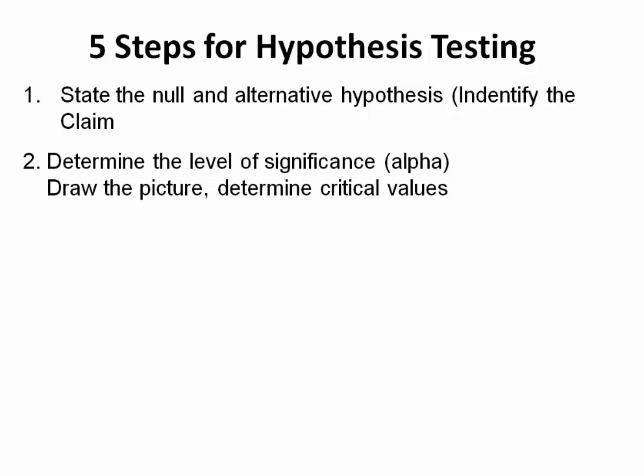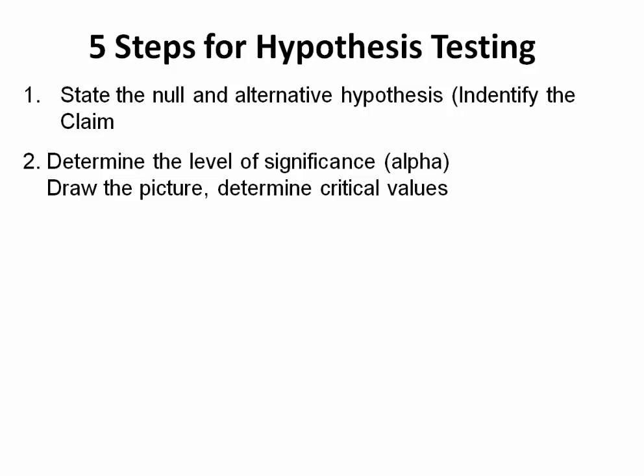And we've already been introduced to the term alpha, and we know that alpha is what is left over from our confidence intervals. So if our confidence level is 90%, we know alpha is what's left over, which is 10%. If our confidence level is 95%, we know that alpha is what's left over, and that is 5%.